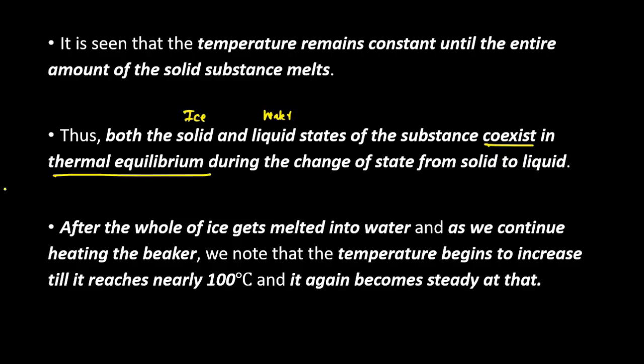Thermal equilibrium means constant temperature, same temperature, no change in temperature. That is called thermal equilibrium during the change of state from solid to liquid. So at 0 degrees Celsius, both ice and water coexist in thermal equilibrium.